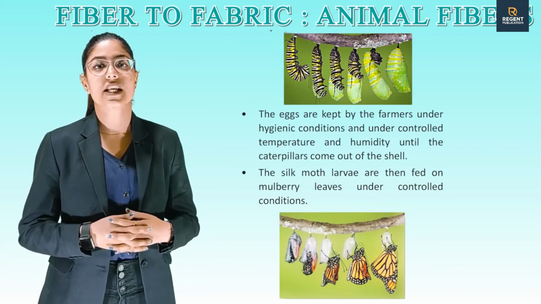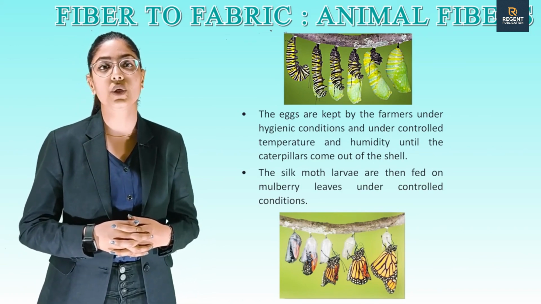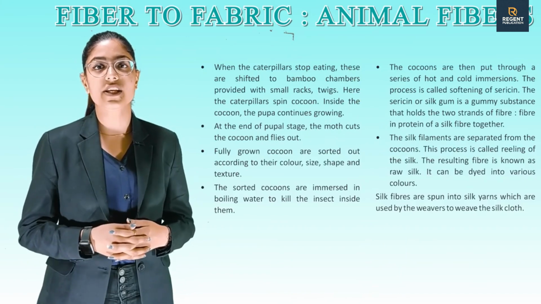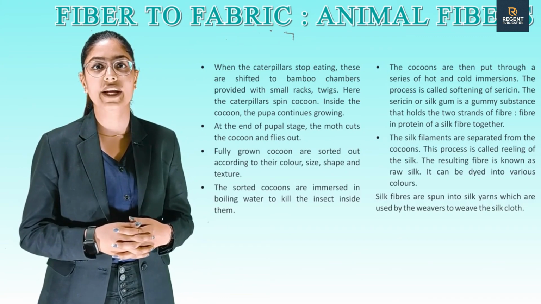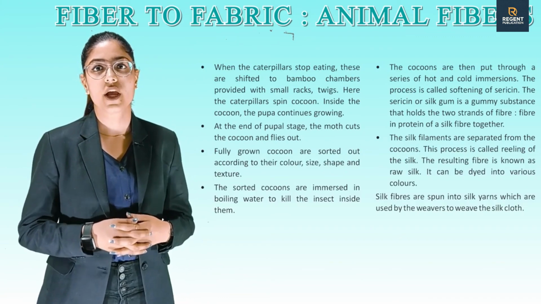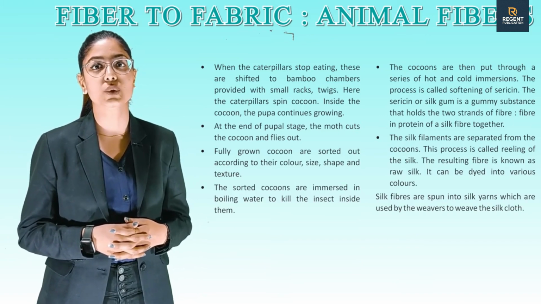Next, the silk moth larvae are fed on mulberry leaves under controlled conditions. When the caterpillars stop eating, they are shifted to bamboo chambers provided with small racks or twigs. Here, the caterpillar spins a cocoon.